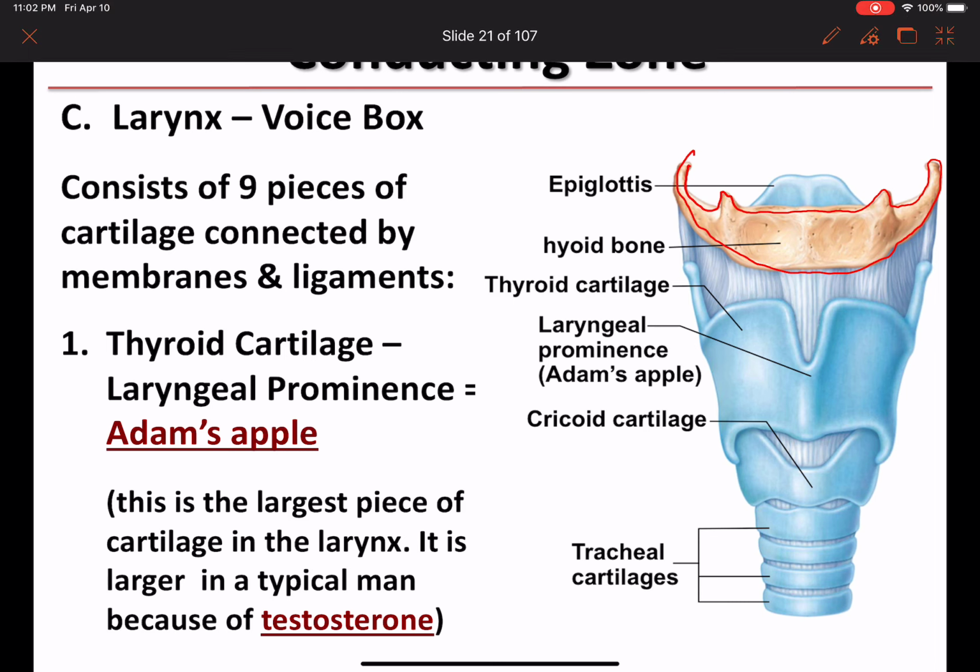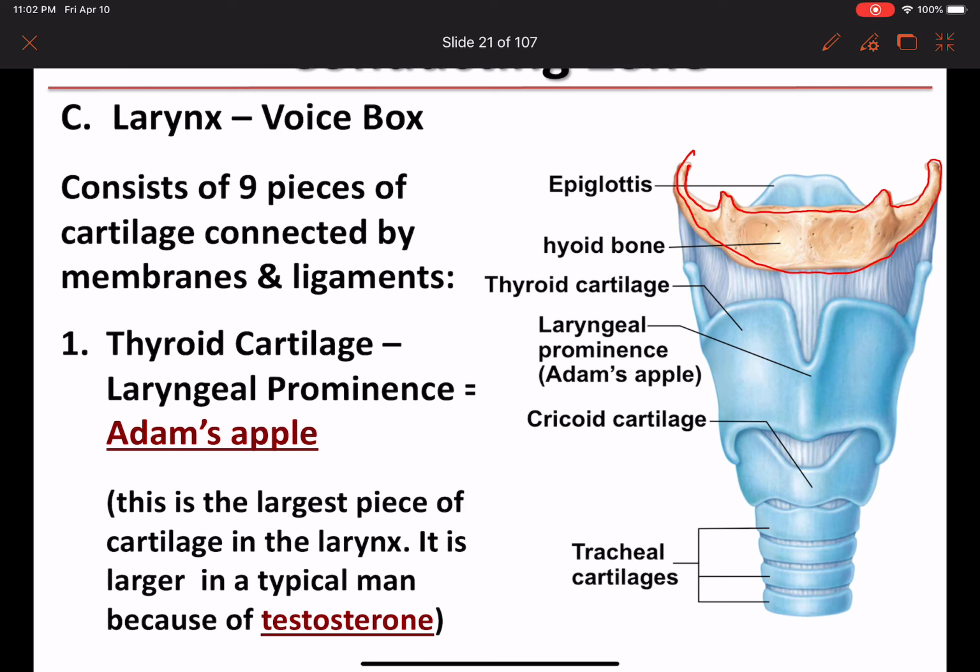So you can see basically inferior to this hyoid bone, we have all the cartilaginous reinforcements of our larynx. So there's 9 different pieces of cartilage that are connected together by different membranes and ligaments that basically compose this voice box. Right out in front, we have the very prominent shield-shaped cartilage called your thyroid cartilage.